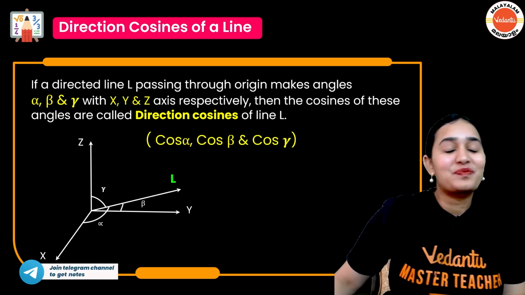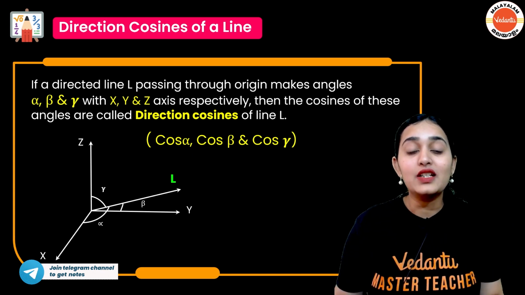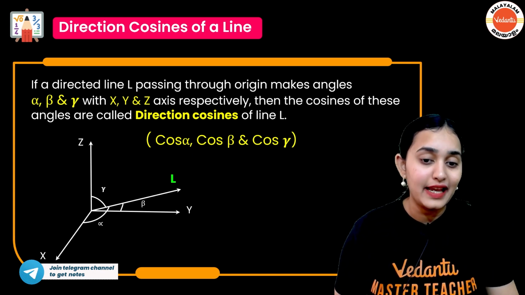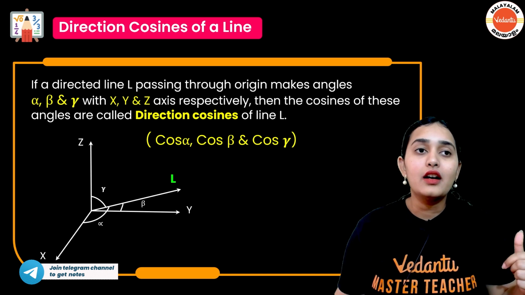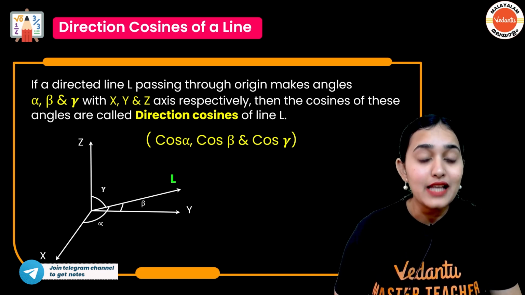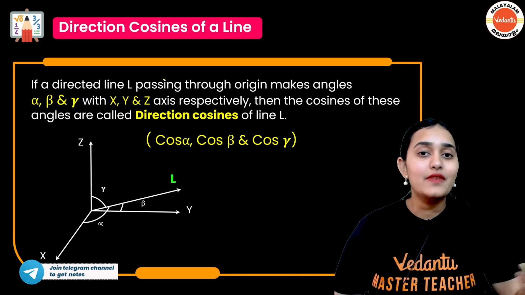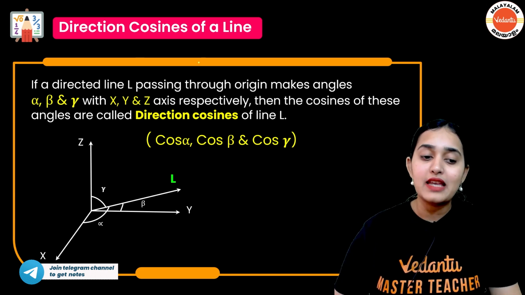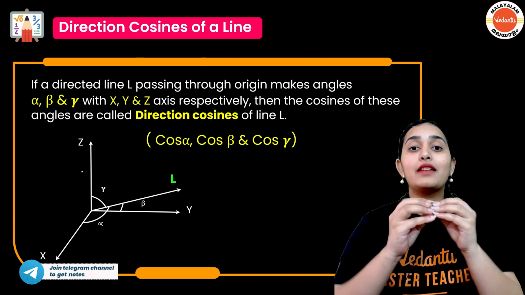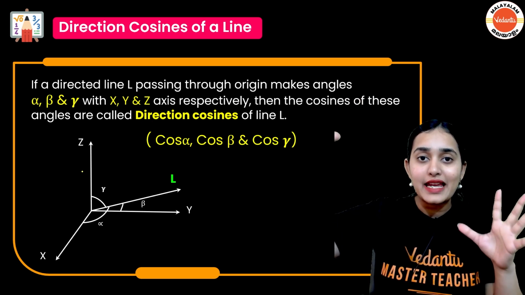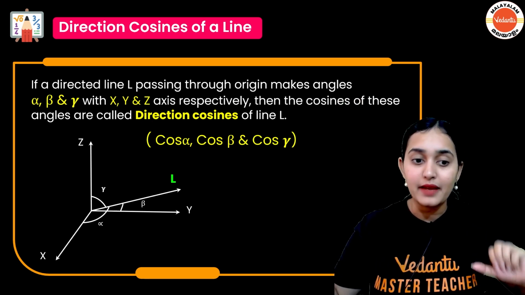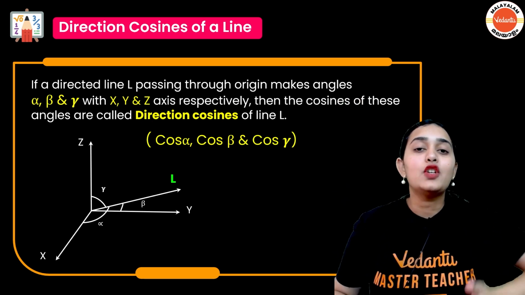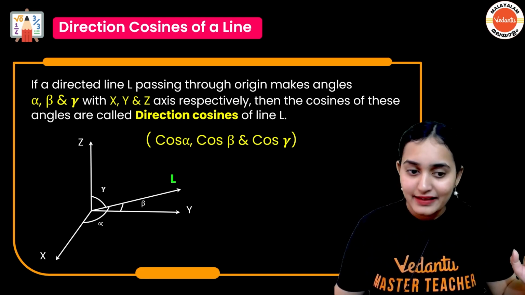Okay, now starting with direction cosines and direction ratios of a line. Even in the past year one question was asked from this topic. Now it is very simple. Direction cosine is basically, if you are representing a point or a line in a 3D space, you will have the x-axis, y-axis, z-axis.